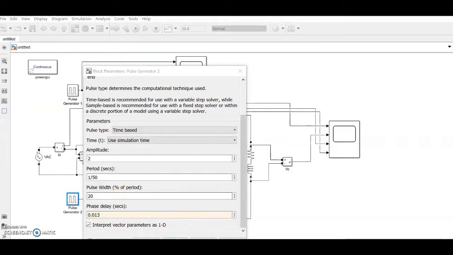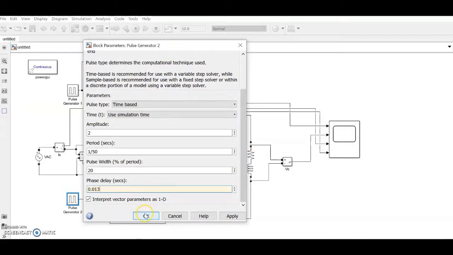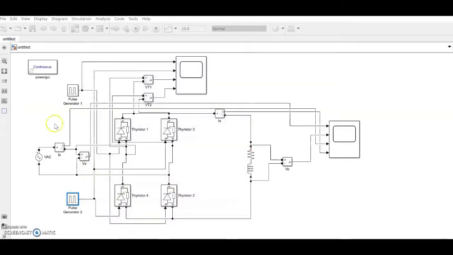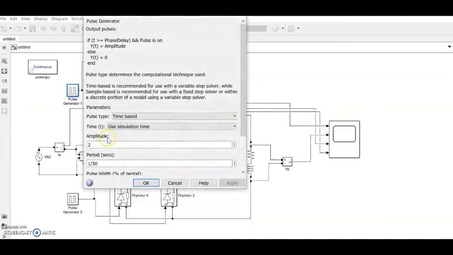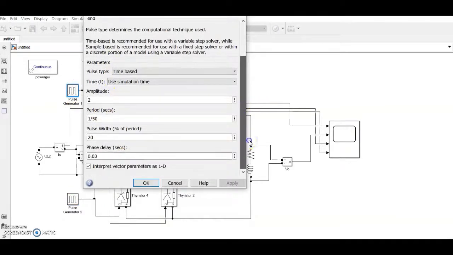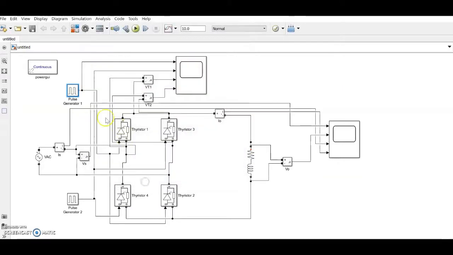This has to be a 3 millisecond delay. Here again we need a 3 millisecond delay, actually not 30 millisecond, actually 3 millisecond. Sorry.